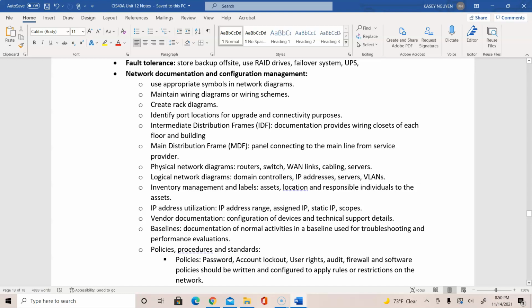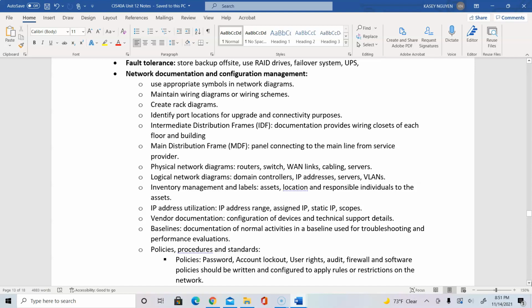We would have a list of inventory and labels to our assets, location, and responsible individual to manage those assets. We would have a list of IP address utilization, IP address range, assigned IP, static IP, and scope. We would have vendor documentation for configurations and technical support details.